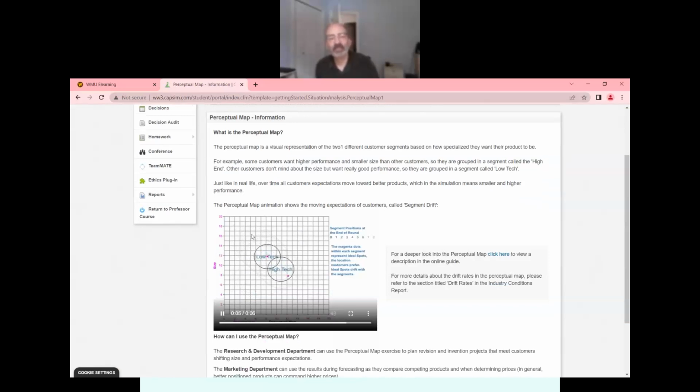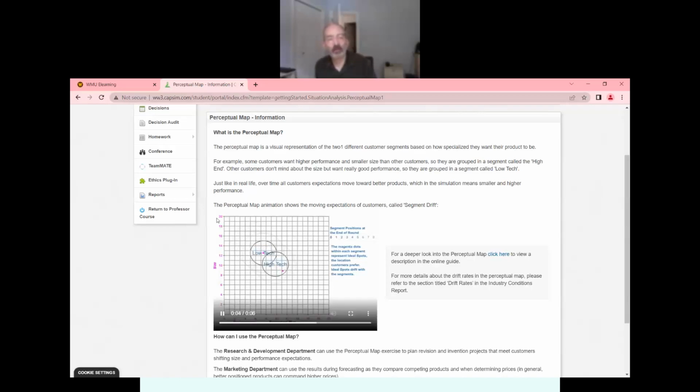And what this does is it lets us know where the customers are. The perceptual map on one axis shows the physical size of the sensor, and on the other, its performance rating. And these are used to get an idea of how customers clump together into groups. We have 2 different groups of customers in CapSim, the low-tech customers and the high-tech customers.